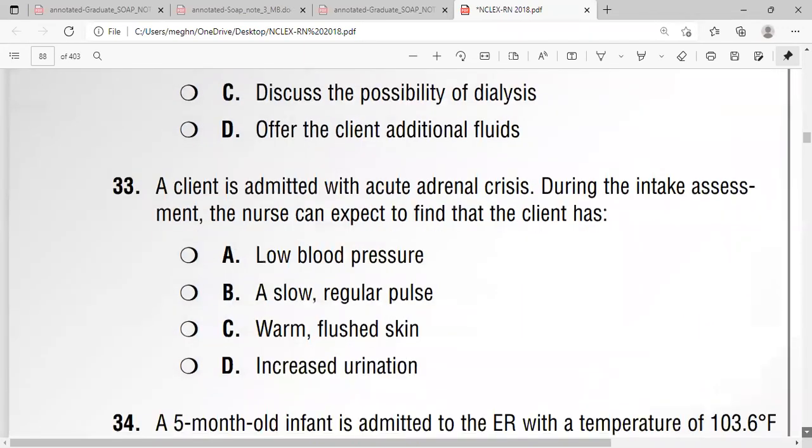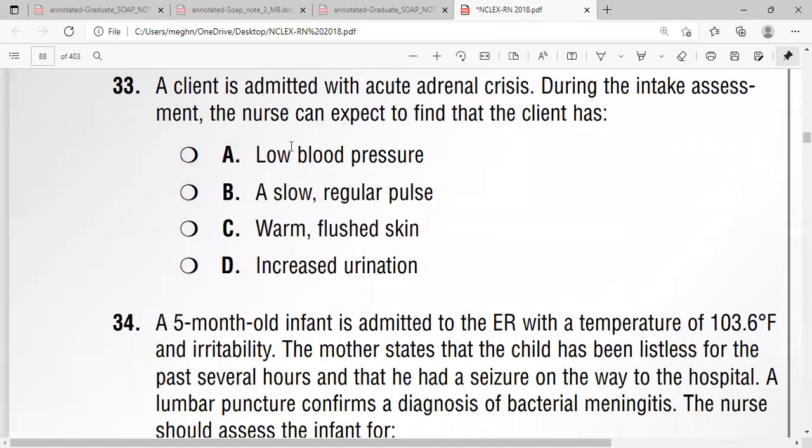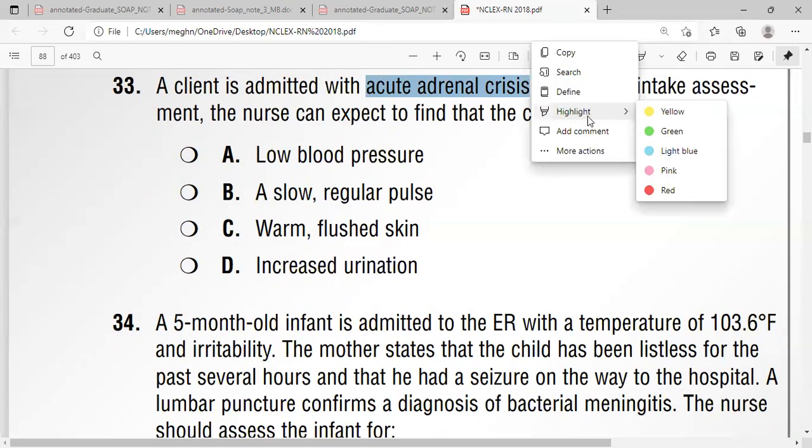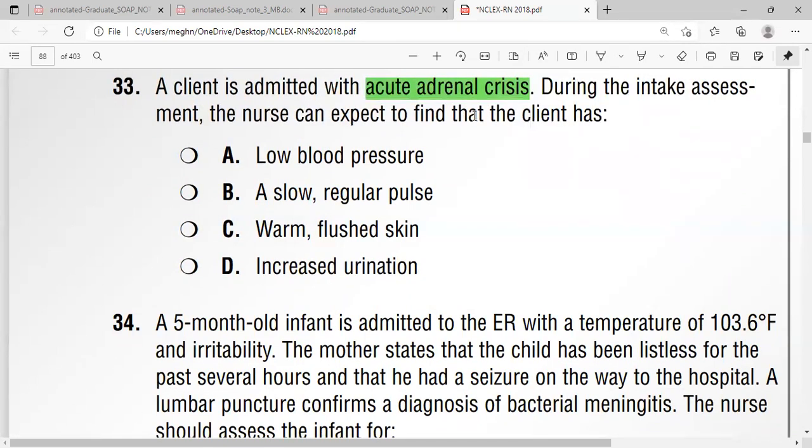Next question. A client is admitted with acute adrenal crisis, right? This is the keyword. My patient has an acute adrenal crisis.